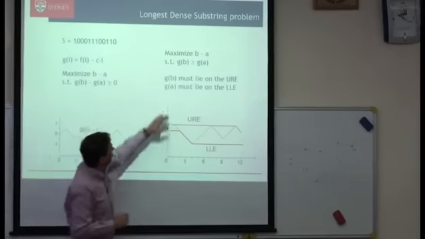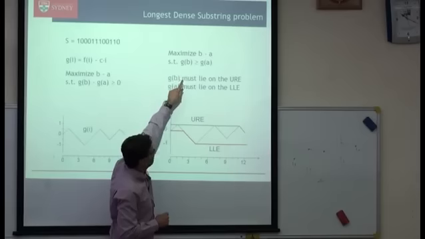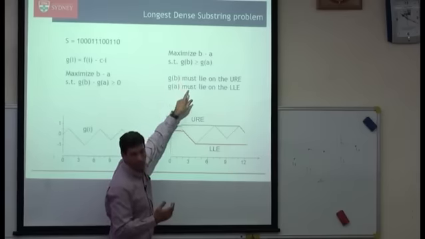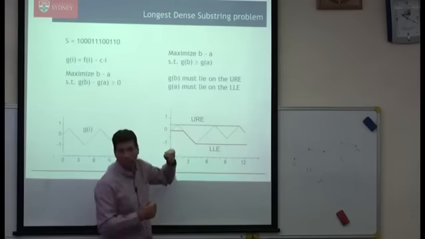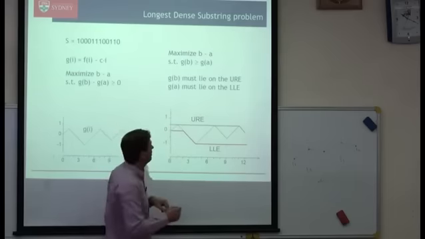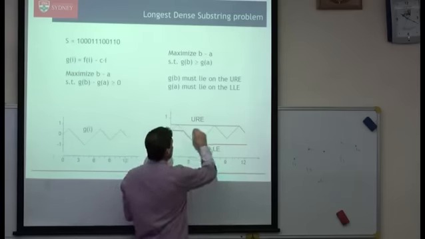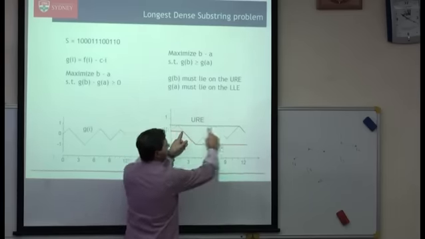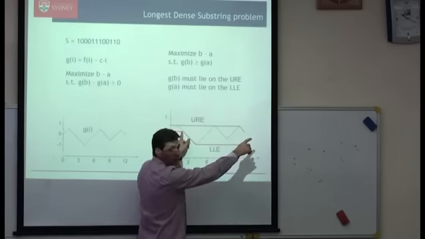And again, I only want to see to it that the function value of my right endpoint is greater than or equal to the function value of my left endpoint. Right? So I can walk along my lower left envelope, and then I can see how far to the right I can go.